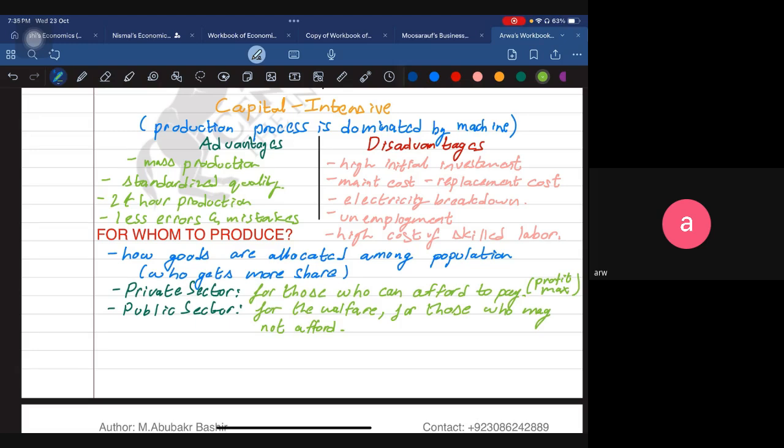But who will basically use it? Those who cannot afford the other thing. So the government does not have to just mark a line that the rich people cannot have it and the poor people can have it. That is not going to happen, right? But there are certain things where this can be applied.